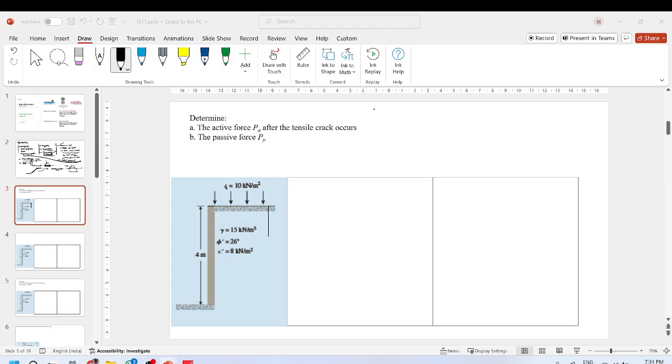So phi has been given as 26 degrees. We can calculate Ka, 1 minus sine phi over 1 plus sine phi.